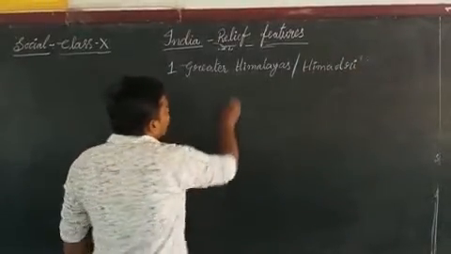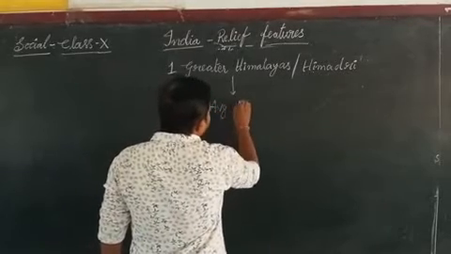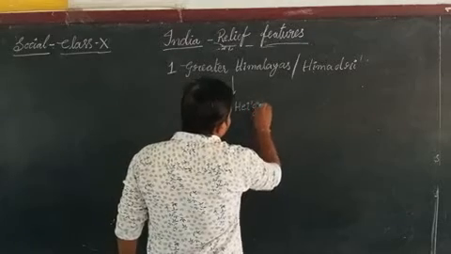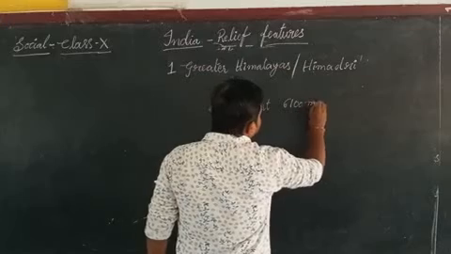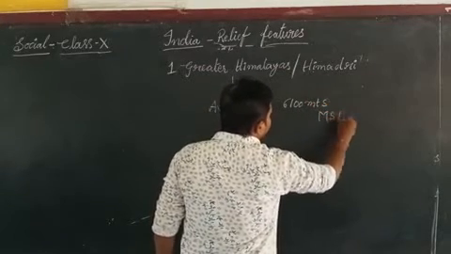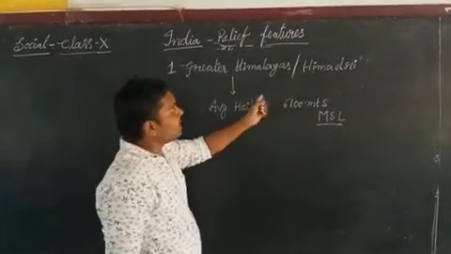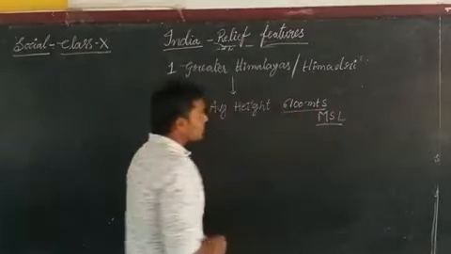Okay. The average height of the Greater Himalayas is 6,100 meters from the mean sea level. From sea level, the average height of the Himadri region is 6,100 meters.